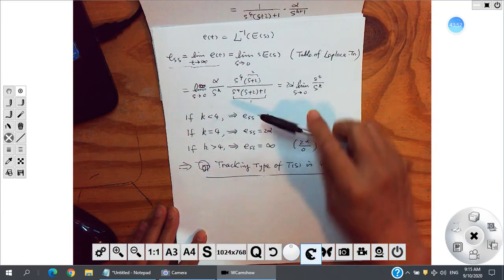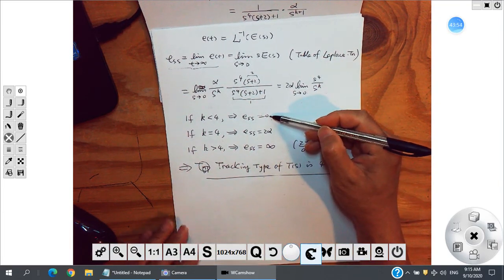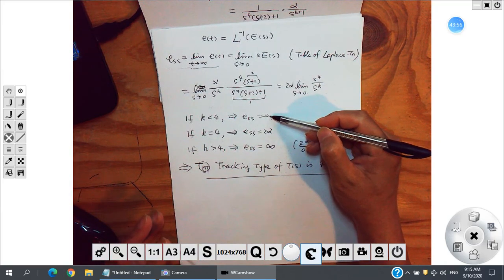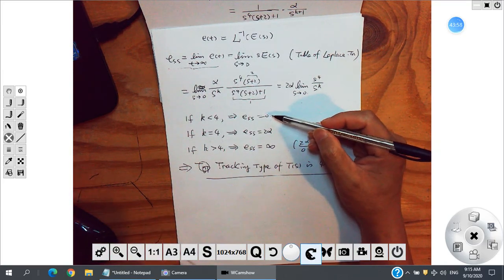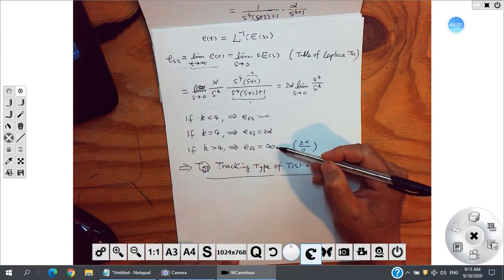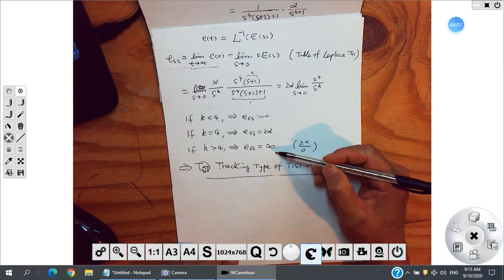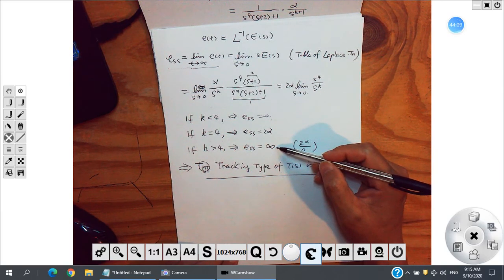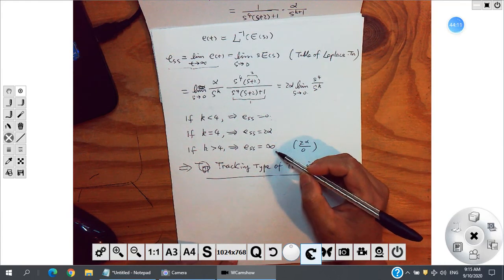So in this case, the system can follow the reference and finally reach the reference. And if K is larger than 4, it can follow but finally loses it, and the output leaves the reference far away.